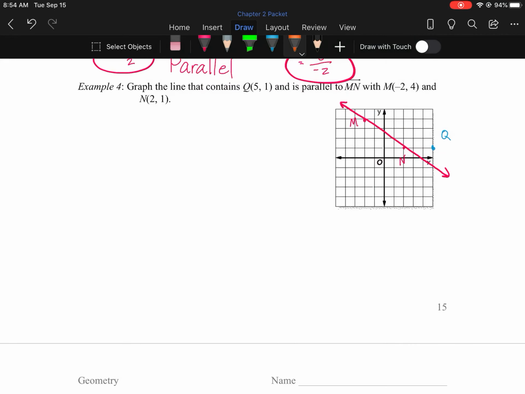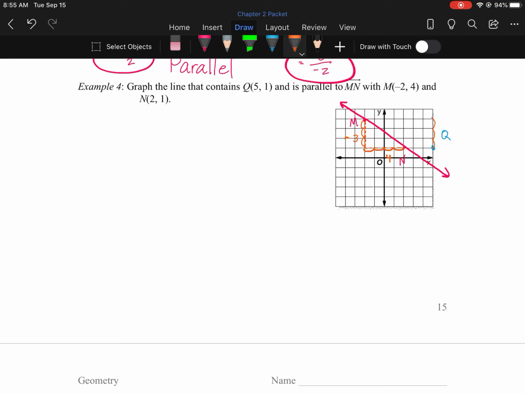So I'm going to find the slope. I'm going to make my triangle here. Now, you could find the slope using your formula if you prefer. So 1, 2, 3, so negative 3. 1, 2, 3, 4. So from my blue line, I can go up 3, 1, 2, 3.